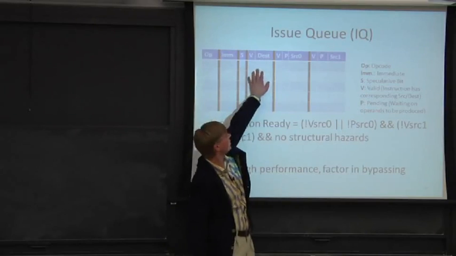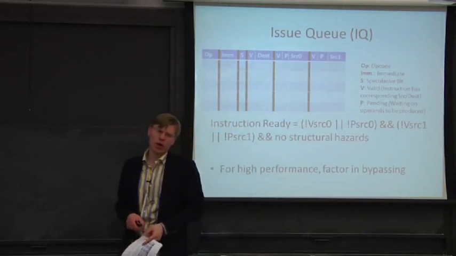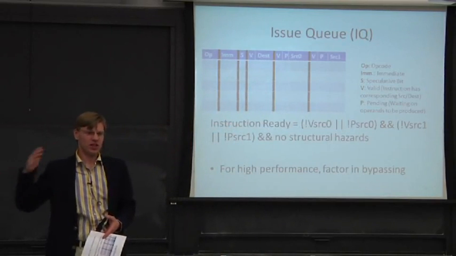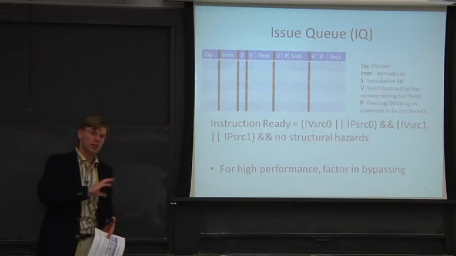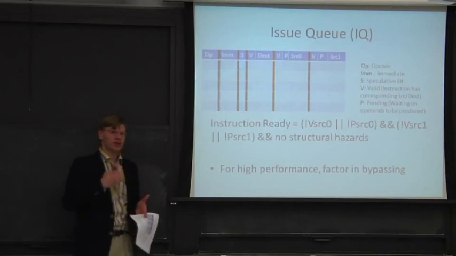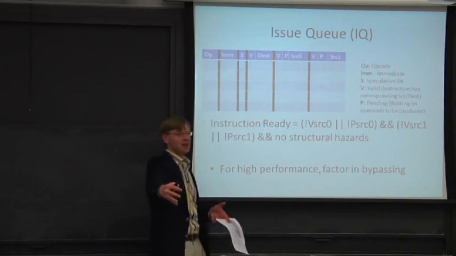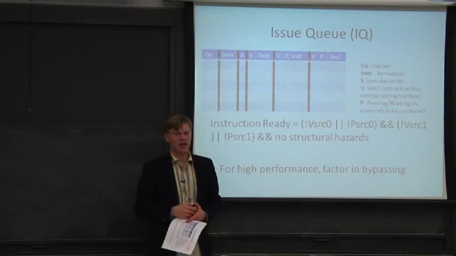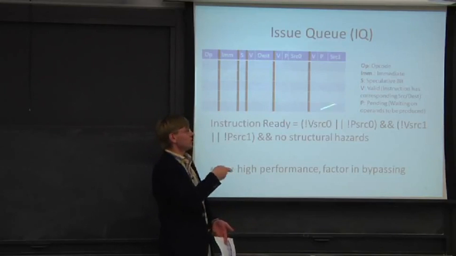Let's talk about the destination here. This just tracks whether an instruction writes a destination or not. And like I said, in these basic pipelines, we're going to leave instructions in the instruction queue until they get to the end of the pipe. And when an instruction gets to the end of the pipe, this is where we check to see what other locations we need to clear out.